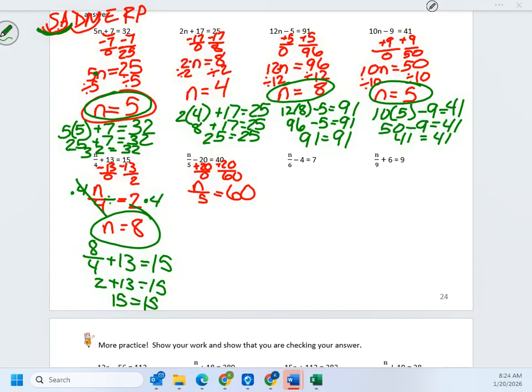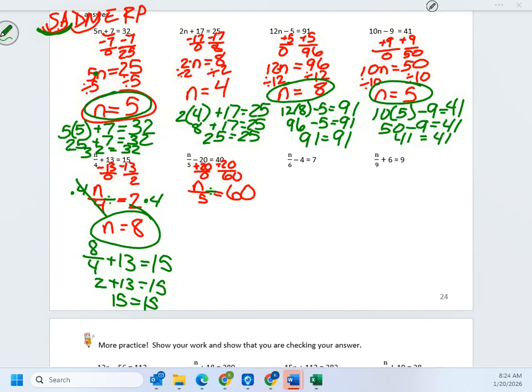So n over 5 is what invisible math, and what's the opposite? So what operation is happening when I have n over 5? Leo, what operation would that be? Yeah, that fraction bar means divide.